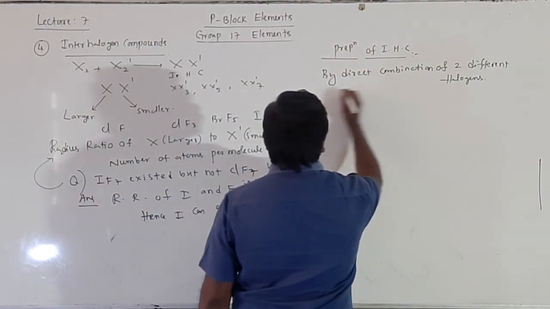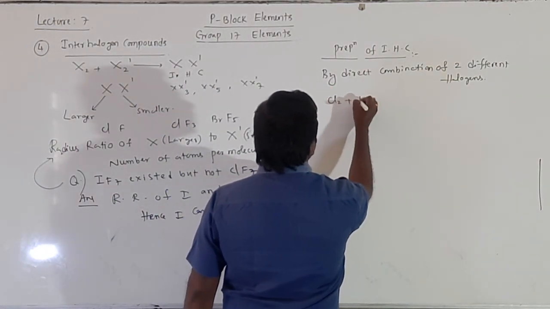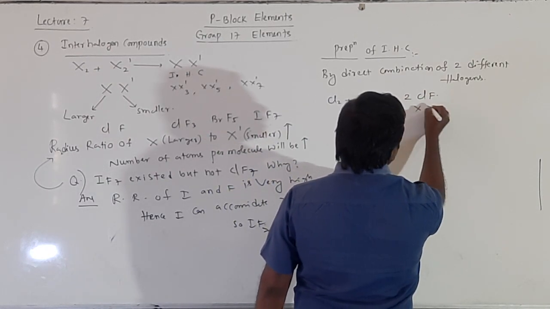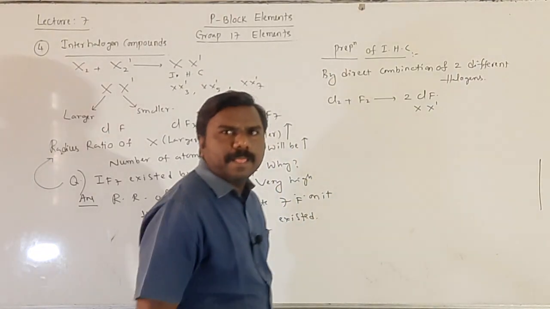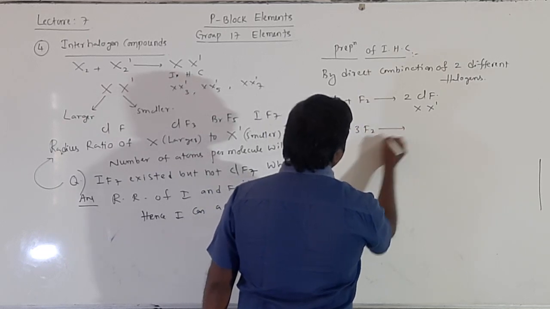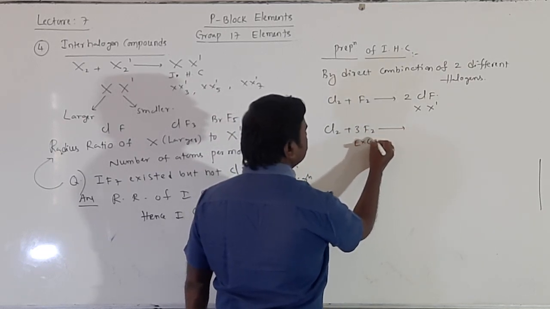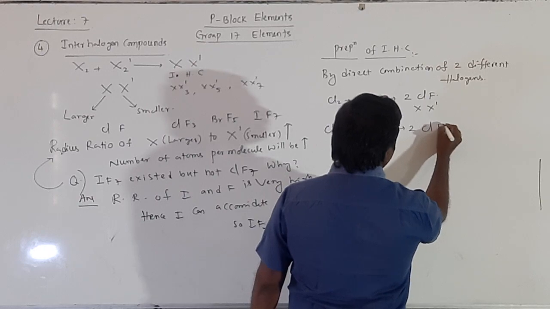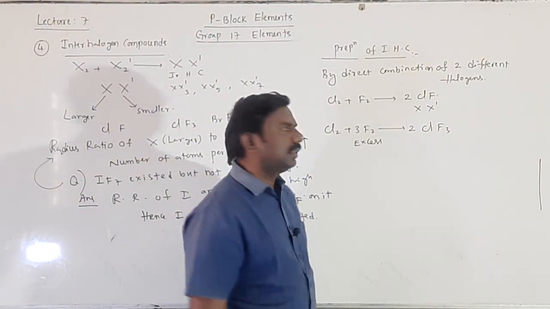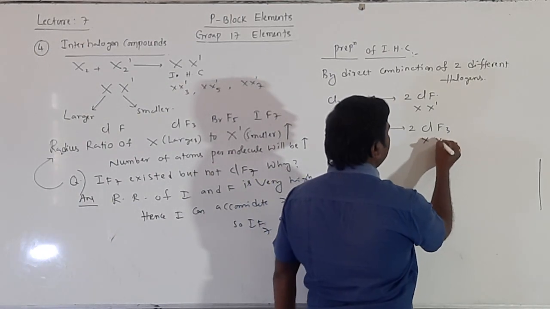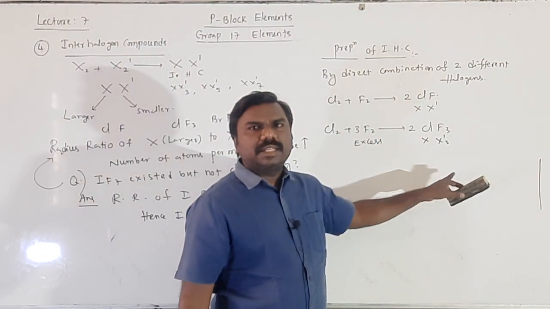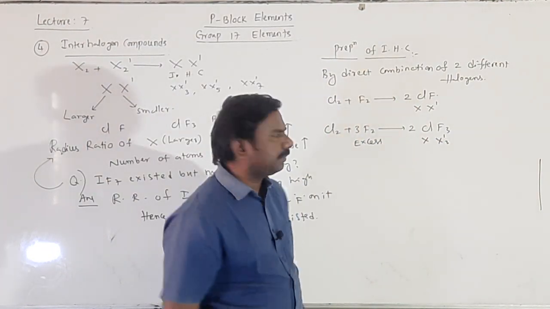First one is Cl2 plus F2 gives rise to 2ClF. Next, Cl2 plus 3F2, in excess, gives 2ClF3. 3F2 means 6 fluorines, 2 threes are 6. X is chlorine, the larger one, and X' is fluorine, the smaller one.